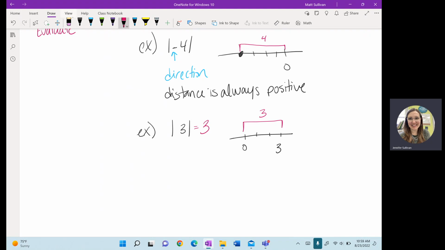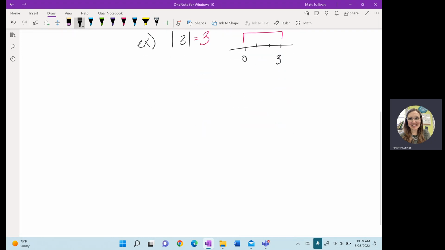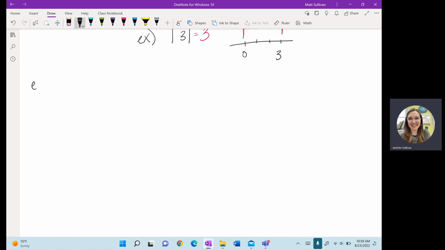But see, what we're going to do now is in Algebra 1, we step it up and we make it equations. How do we actually deal with equations with absolute values? So if I started it off and said the absolute value of x is 4.